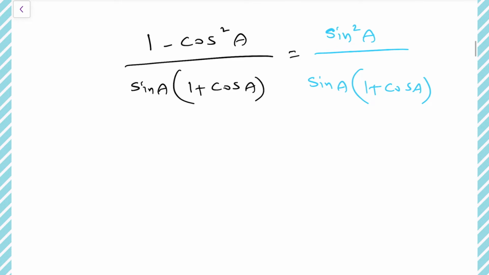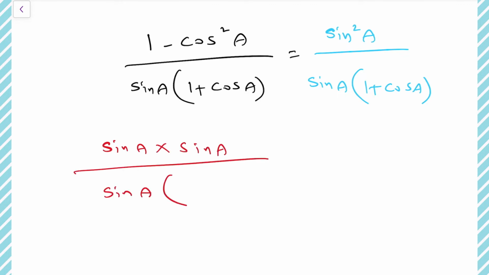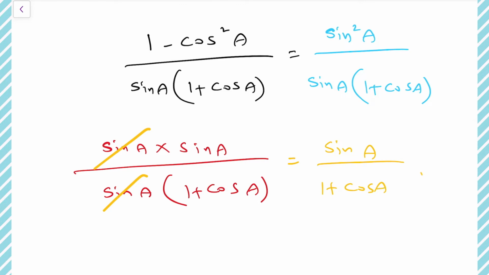In the numerator we have sin square A, which I am writing as sin A into sin A, divided by sin A into (1 plus cos A). Now sin A in both will get cancelled, and finally we remain with sin A divided by 1 plus cos A. Hence proved.